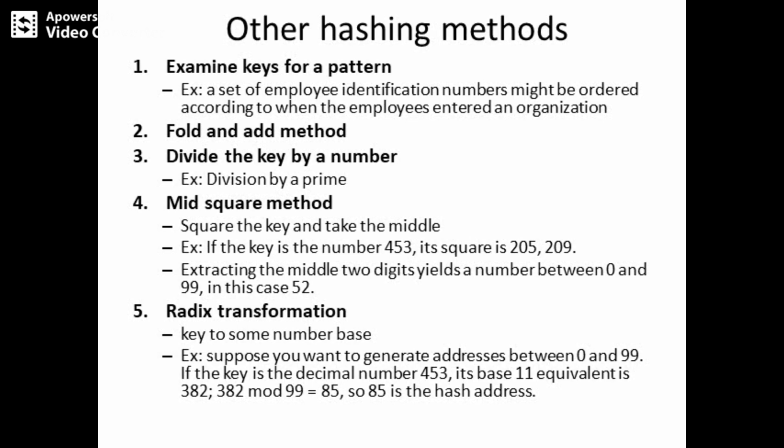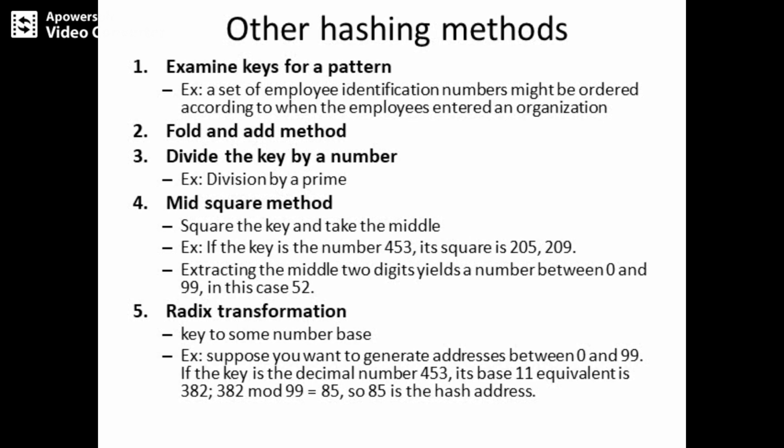So in this example, for the employee ID, the initial part will be the same as it is, and only the numbers will vary accordingly when they enter into the organization. So you are going to set a pattern and modify it slightly to get the particular address. This is the first hashing method.